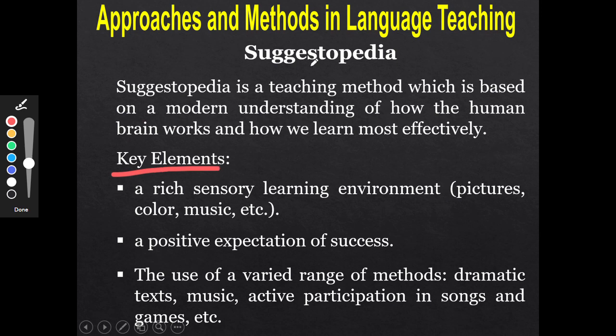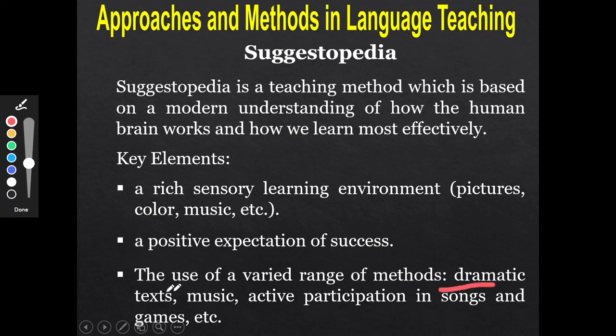The key elements of suggestopedia are a rich sensory learning environment, just like pictures, color, music, etc. You see, rich sensory learning environment. So, a positive expectation of success, and the use of a varied range of methods, dramatic text, music, active participation in songs and games.